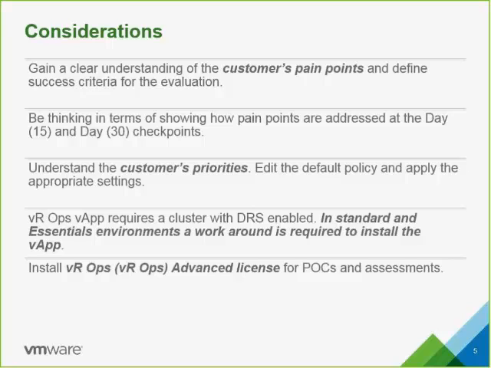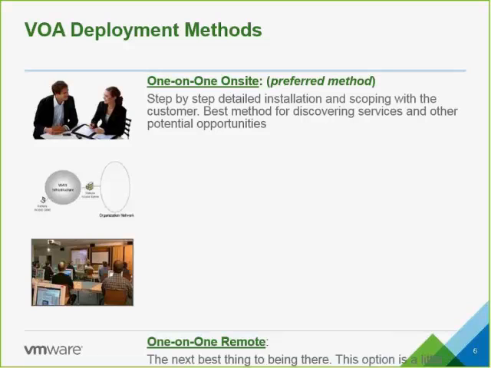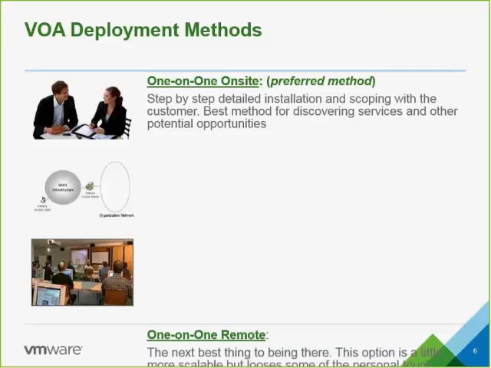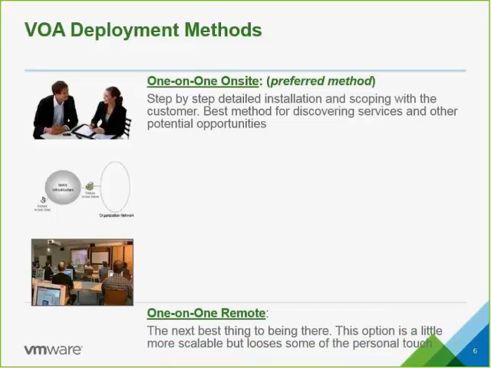There are a few methods in which you can conduct a VOA deployment. The first is a traditional one-to-one on-site deployment, which is the preferred method, because that way you have that face-to-face time with the customer as you're deploying it. Then you also have the one-to-one remote deployment, where you can remote into their environment, if they allow that, and deploy the vROps program for them.